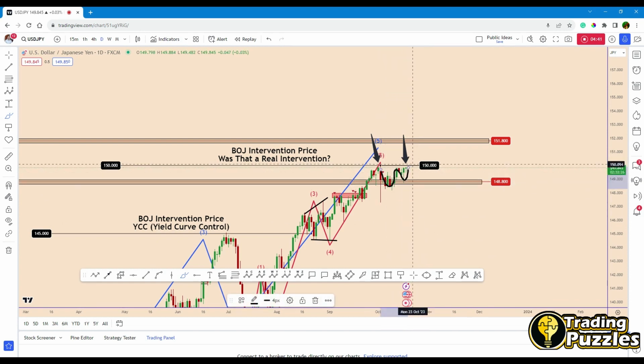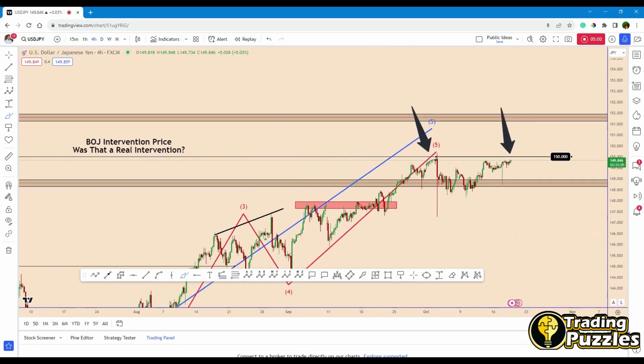It can be possible that this is a trend continuation pattern. So if we see any aggressive movement, it can happen, then we may see a strong sell-off close to 151.80. However, this is the worst scenario that I'm looking at so far, the one with the cup and handle pattern.